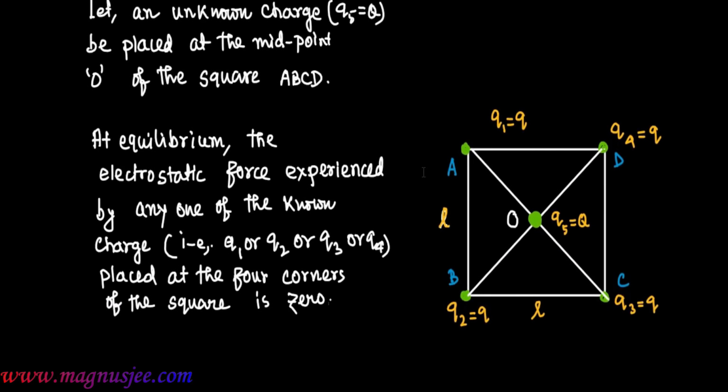That means the net electrostatic force experienced by any one of the known charges placed at a corner of the square is zero.